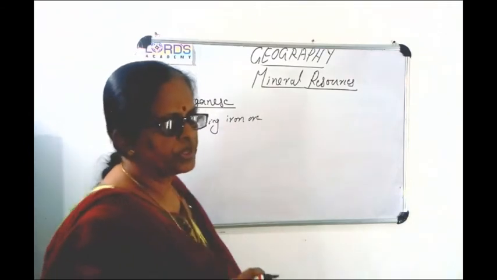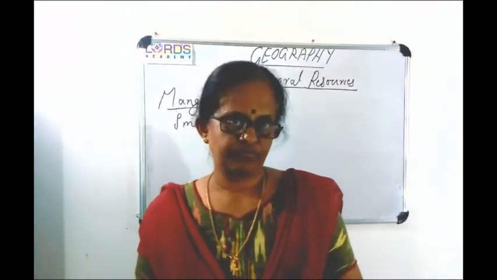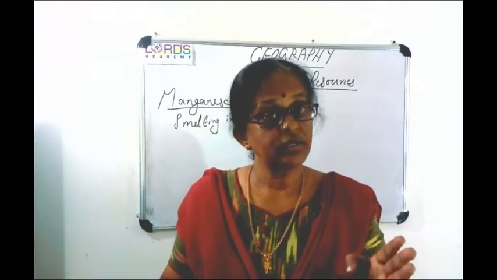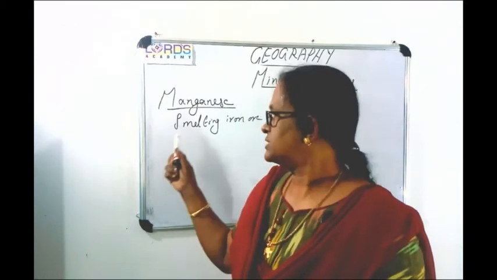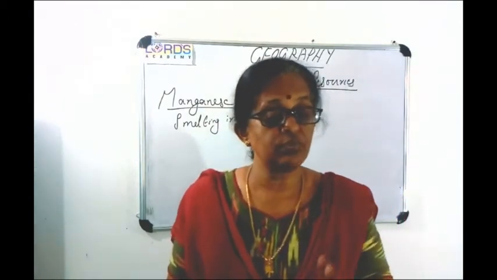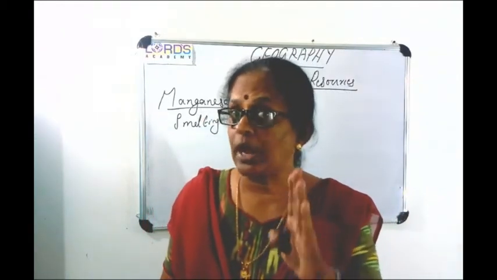Then we will come to the uses of manganese. Here we studied it is black, hard, iron-like metal, and it is important for smelting iron ore, which is very important for the iron and steel industries, and for manufacturing ferroalloys.